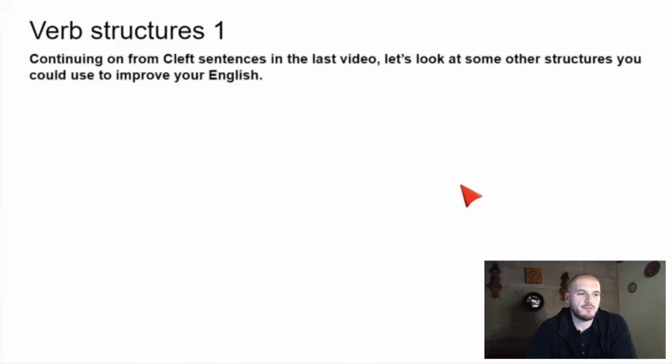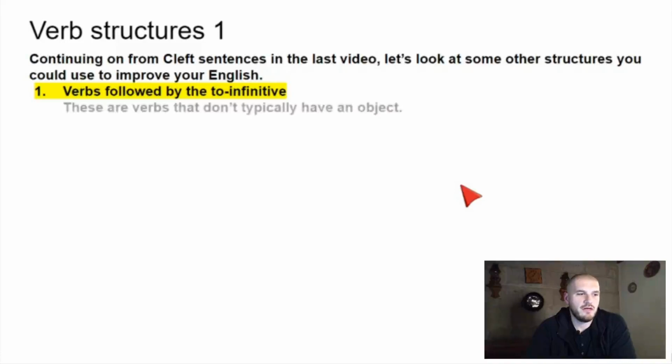So to continue from cleft sentences in the last video, which was a kind of complex organization, let's look at some other structures you could use to improve your English. So for example, number one, verbs followed by the to infinitive. So these are verbs that don't typically have an object.